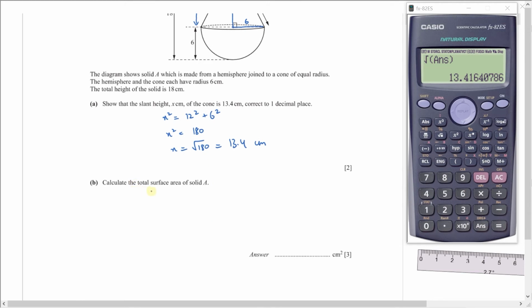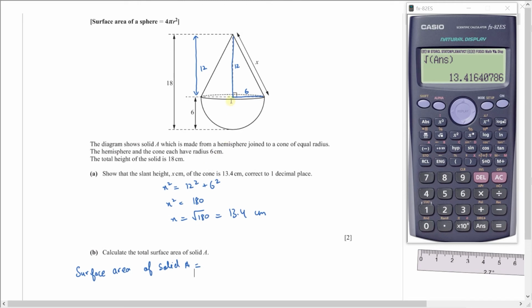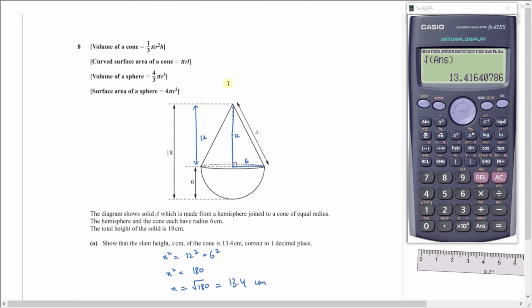Part B is calculate the total surface area of solid A. So the surface area of solid A will be equal to the surface area of this hemisphere plus the curved surface area of the cone.